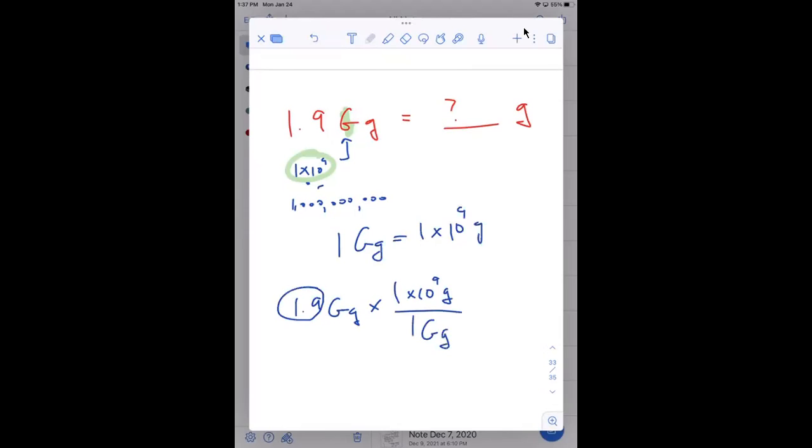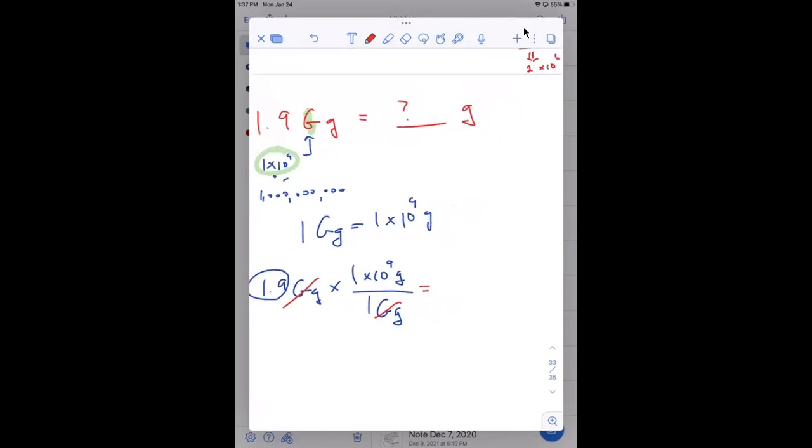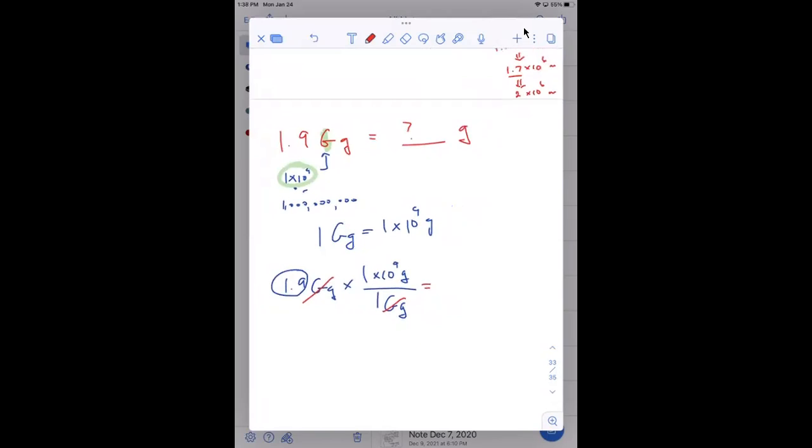We're trying to cancel out this unit, so we always want the unit we want to get rid of in the bottom of the conversion factor, and the one we want to keep at the top. Don't get intimidated by these conversion factors. They are just ratios, and they're known quantities. Sometimes you might have to derive it, but for the most part, it's a known number.